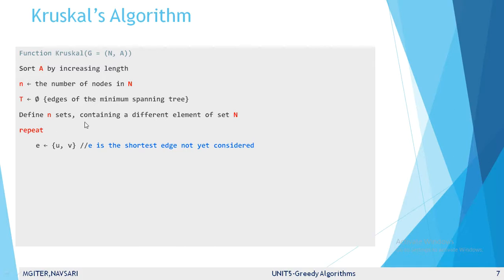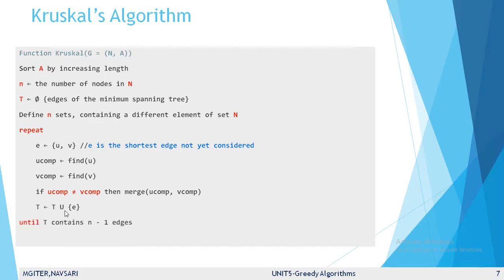Now we define n sets containing the different elements of the set of nodes N. First of all, E is an edge (U, V) from the sorted weights. Now we find the vertices U and V which connect the edge E. If U is not equal to V, then we merge it into T. T is the collection of edges which we selected.